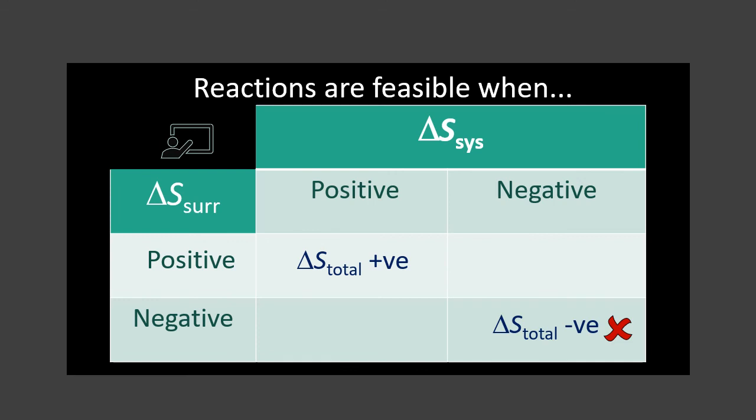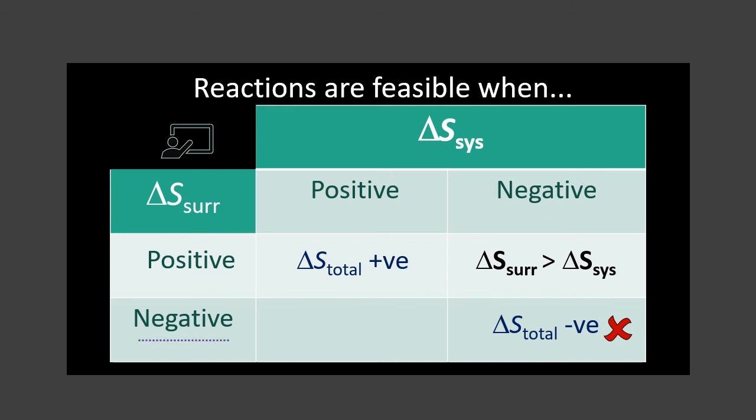What about when you have a situation where delta S surroundings is positive and system negative, two opposite values? Well, in that case, if you need the total to be positive, therefore the reaction to be possible, then the magnitude of delta S surroundings needs to be greater than the magnitude of delta S system.